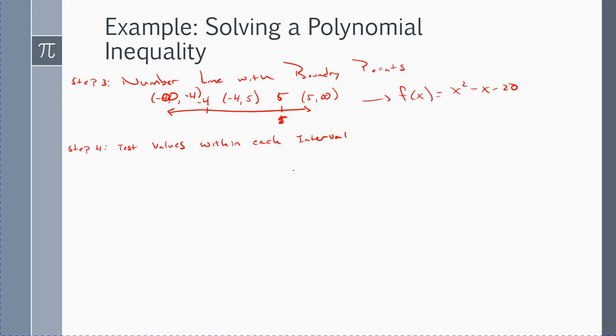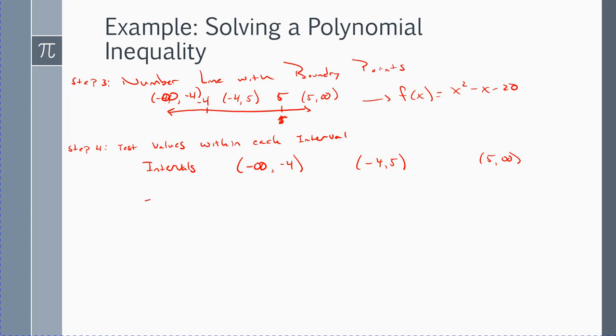For this step, I set up a table. I write the intervals that could be my solution: negative infinity to negative 4, negative 4 to 5, and 5 to infinity.